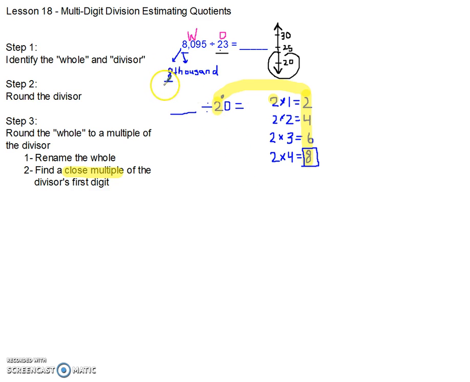So I know that this 2 from this 20 is going to be able to go into this 8, or this 8 is going to be able to be divided by this 2. So I found my close multiple, which is 8. So now that I know that 8,000 is a multiple of 20, I can write that number in standard form into my equation.